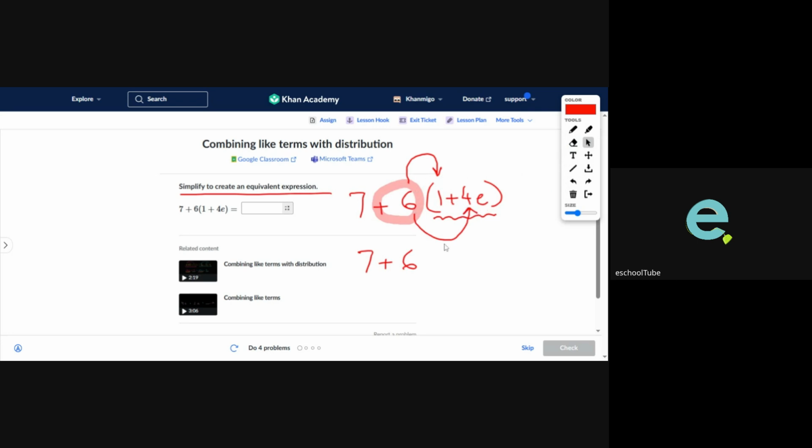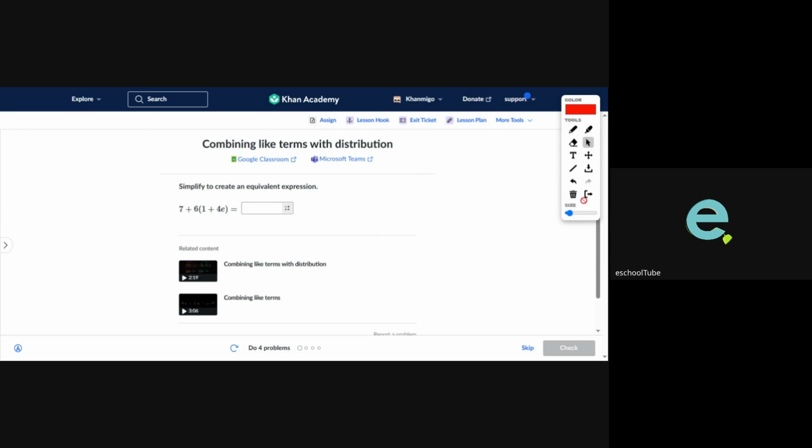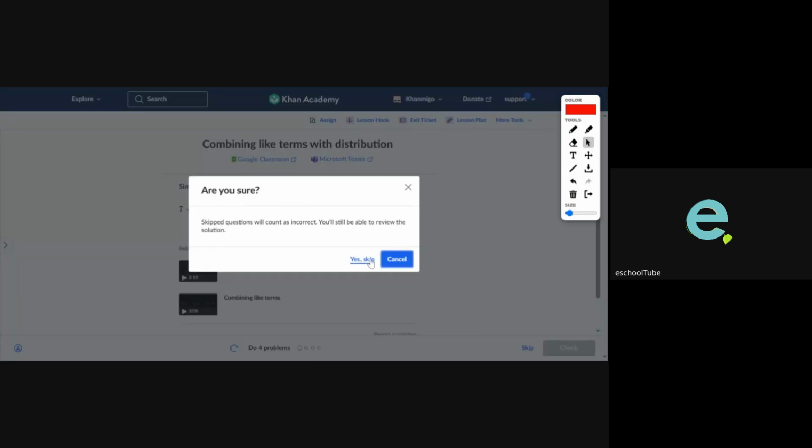So 6 4s are, and positive is, when we multiply it is positive. 6 into 4 is 24e. And when you have to simplify, now you have to add only the like terms. ये constant है, only they will get added. So 13 plus 24e will be the answer. Let's do next कर लेते हैं.